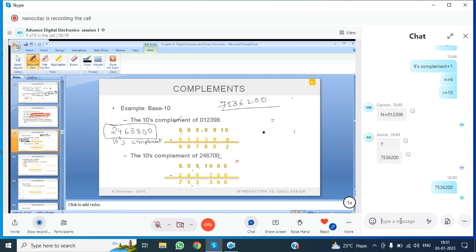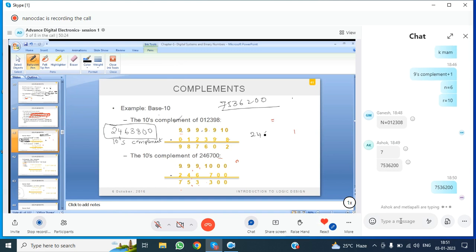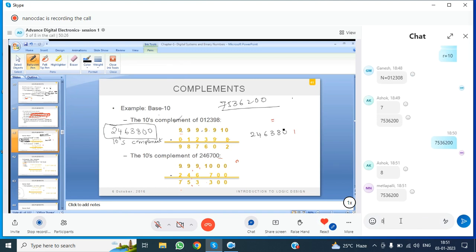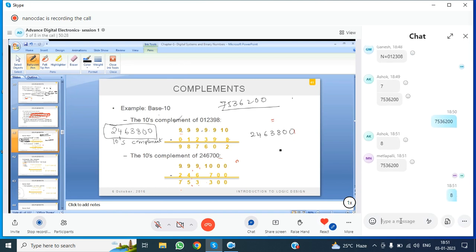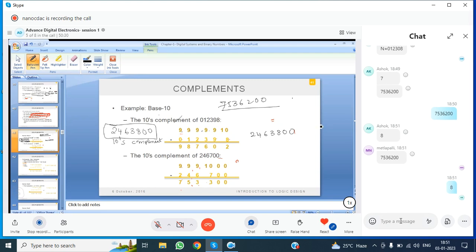Here what is the least significant non-zero bit? 2 4 6 3 8 00. Yes, least significant, 2 4 6 3 8 00 lo 8 is called as the LSB, non-zero LSB.